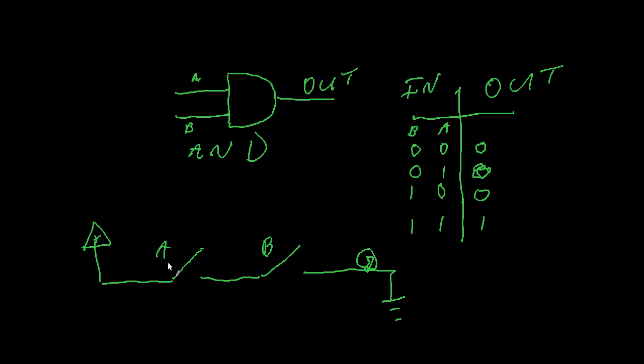So, here's what we do. If you close A, can current flow? No, because B is open. The circuit's not connected. If we close B, but A is open, can the current flow? No, because A is open, so it can't cross the gap. You have to close both of those switches in order to light up the light bulb. And that is how an AND is constructed.